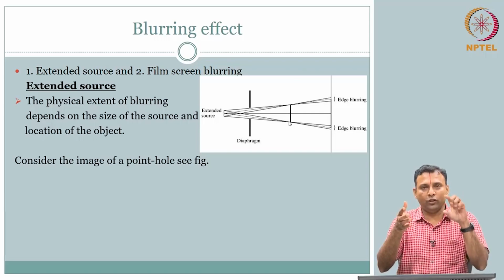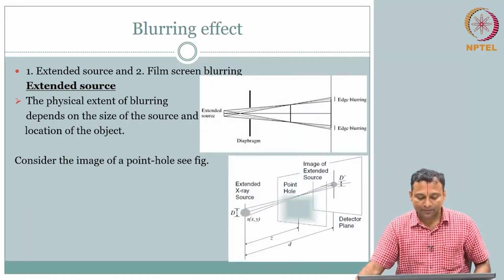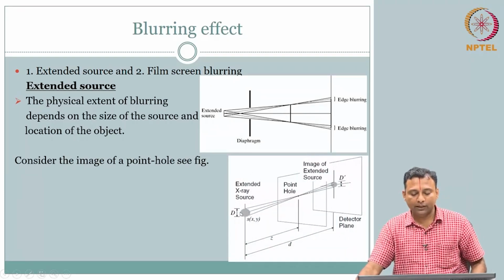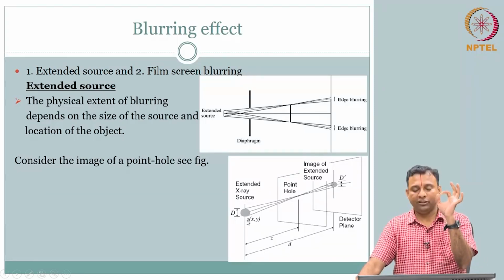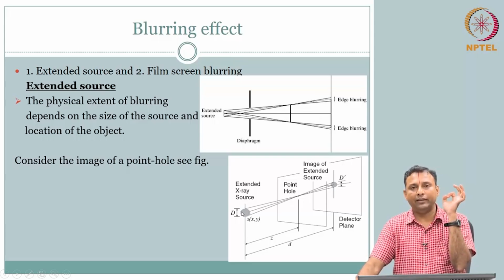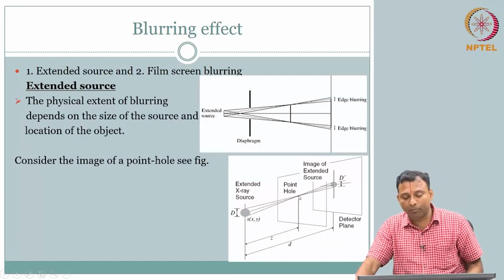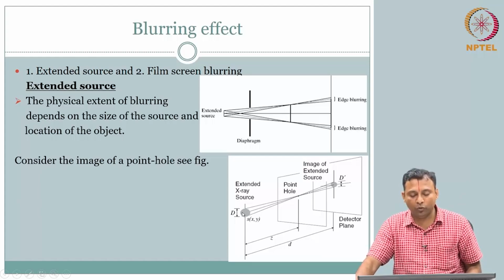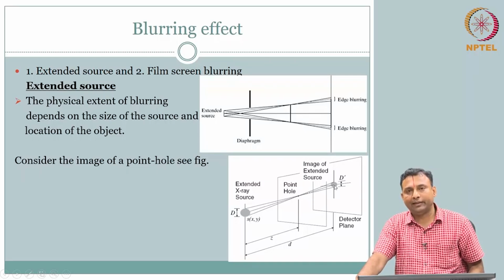Now my source is not a point, my source is an extended source, but my object is a point object. This is my source, a circular disk of finite area. Instead of a point source, it has a finite extent, and capital D is the diameter of the source. But there is no object, my object became a point, meaning I have a point hole only through which this has to go, and then I have my detector.